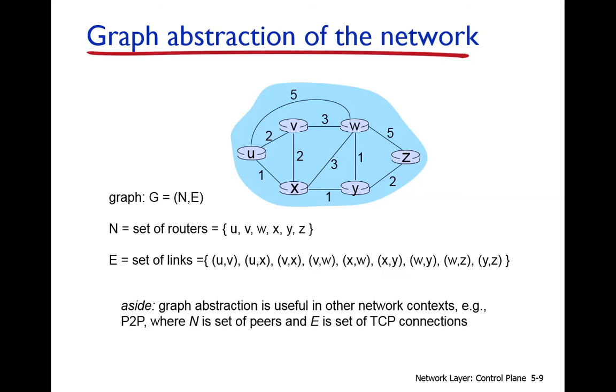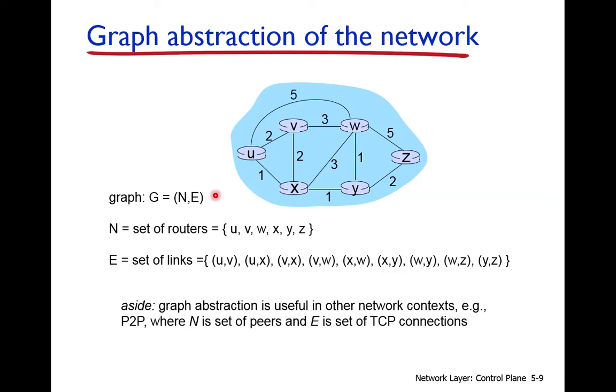I would like to emphasize that whenever we want to solve any problem, it can be solved efficiently if it is put in some model. So we would like the network for the routing protocol to be represented in the form of a graph. Suppose this is a graph.